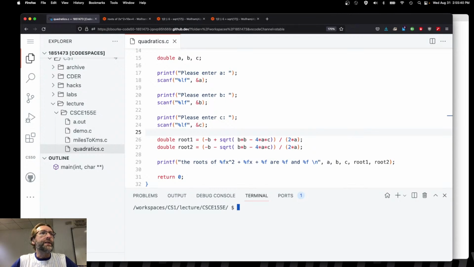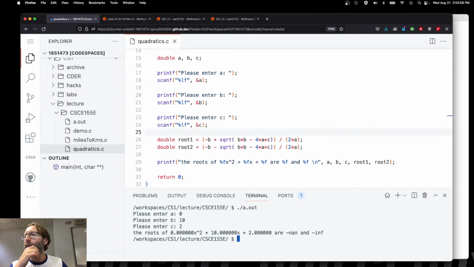So how could we break this? 0, 4, A? All of them? Oh, all right. Let's just go with A for now. And what's going to happen? Predict. Divide by 0. And we get roots of not a number and negative inf. Why? What happened?